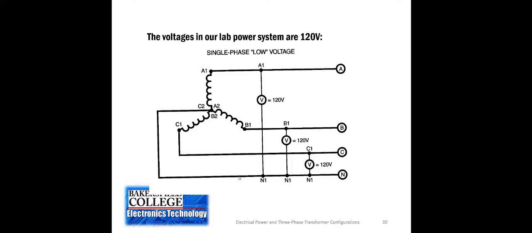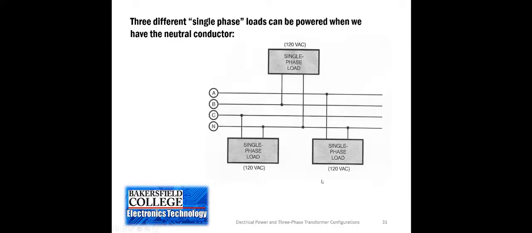So this is how the voltages work in our labs. If we were to measure between a line and neutral, we would have the phase voltage, which is 120. If we went between the line and the other line, we would have the 208 volts.